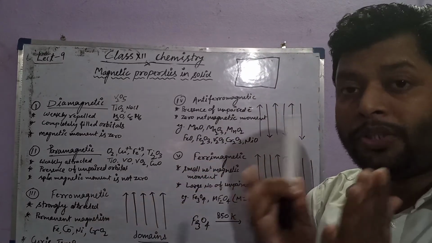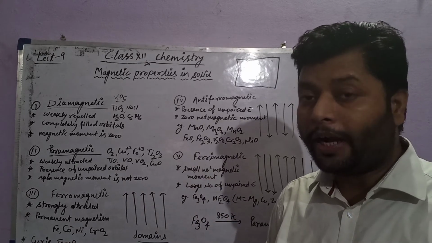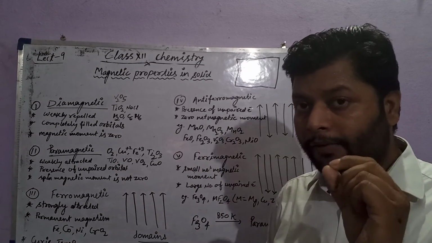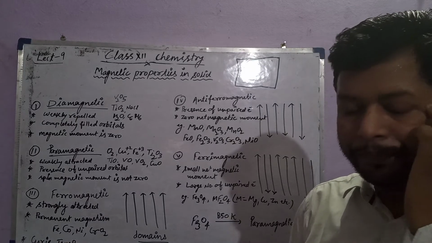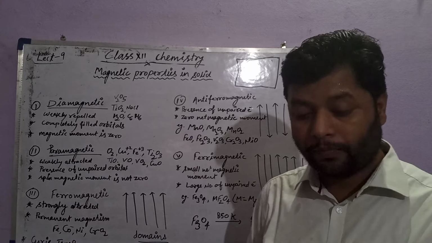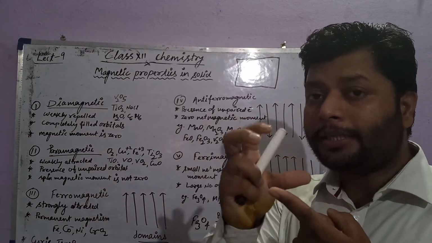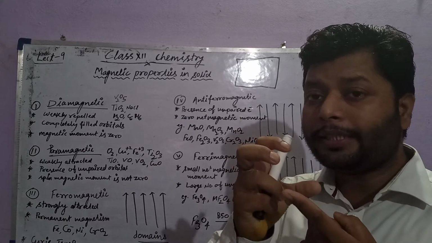Okay, the opposite of ferromagnetism is called antiferromagnetism. So what I was teaching was the orientation of domains.